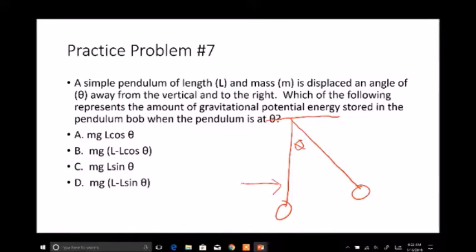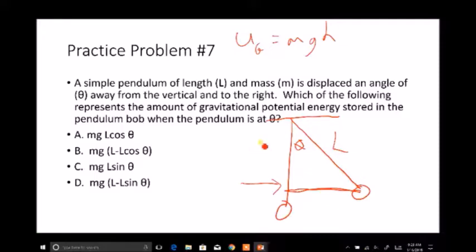We know that gravitational potential energy can be calculated using mass times acceleration due to gravity times height. So we need to know how high we lifted it. To do that, we're going to come to our pendulum bob here, and draw over a horizontal, like so. We know that this length is the length of the string.